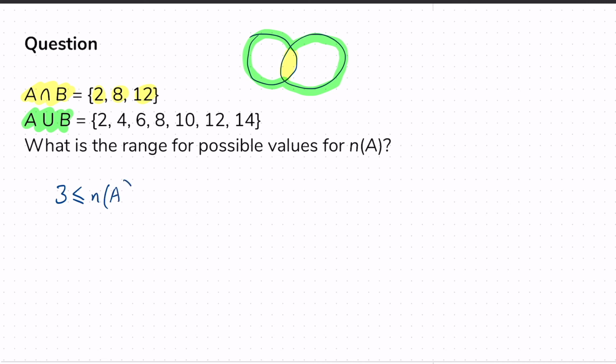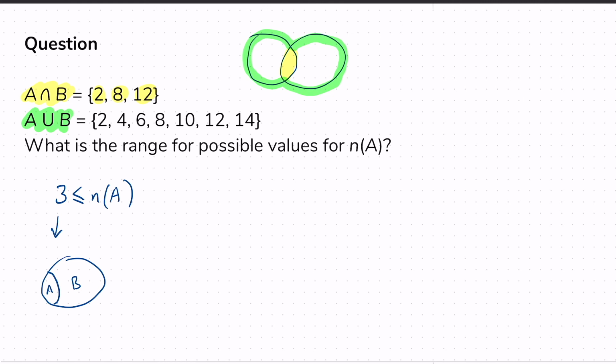Because you can think of a Venn diagram that looks like this, where this is A, and this whole thing here is B. So A is a subset of B in this idea. And what's the largest? Well, it could be the other way around.